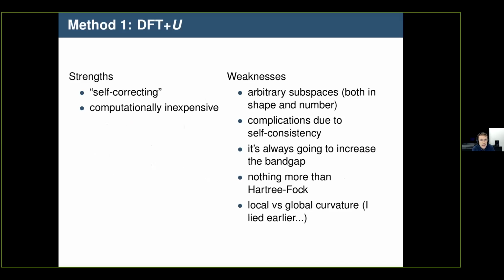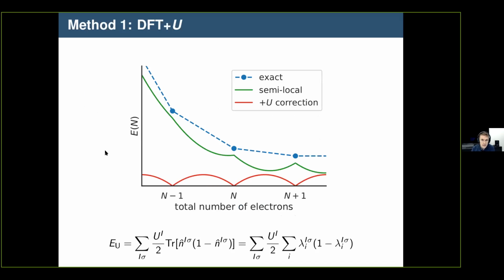And finally, in the tradition of every physics lecture, I told a white lie earlier in that I failed to make a distinction between local and global curvature. What I mean by this is the plot that I showed you, where I told you that the red curve, you can add it to the green curve, and you'll get back to something that is piecewise linear.